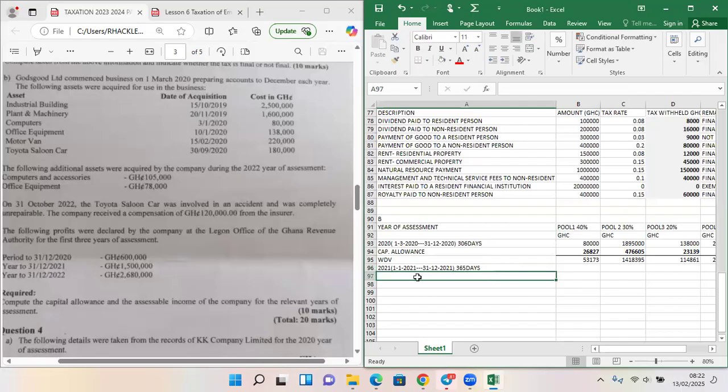So our capital allowance is going to be 0.4 times this written down value here, 0.3 times the written down value here, 0.2 times this.